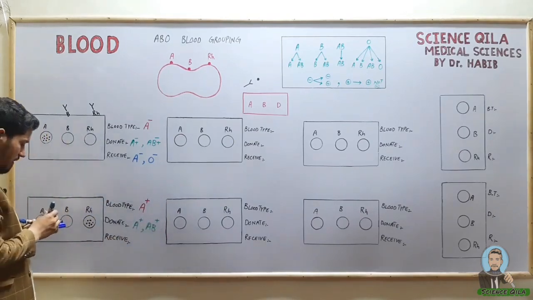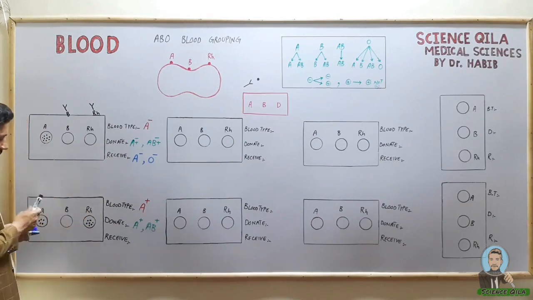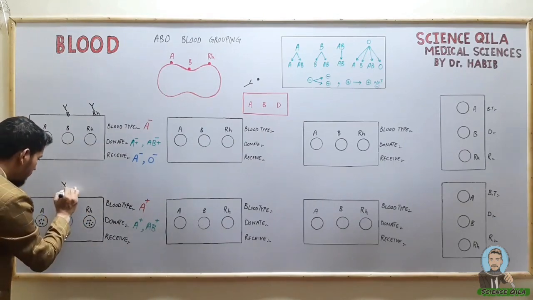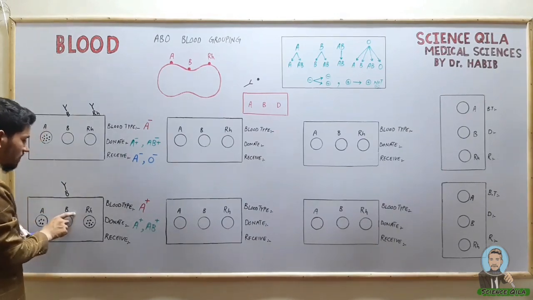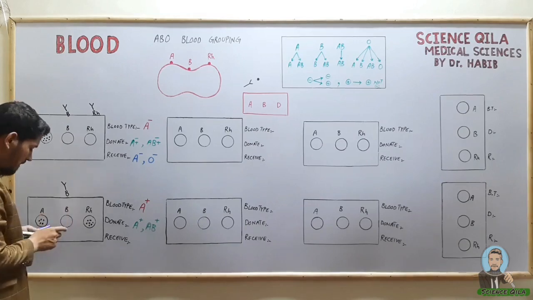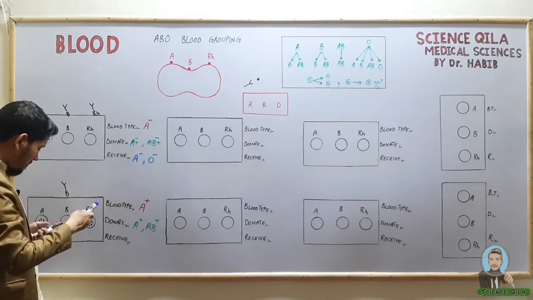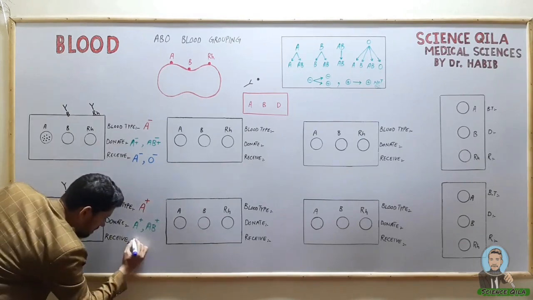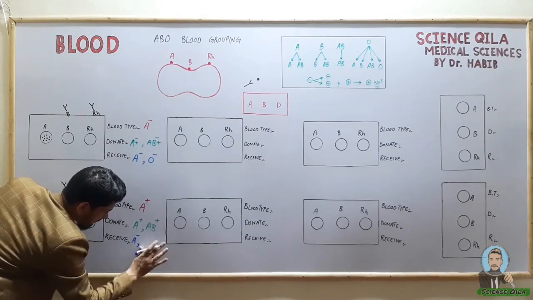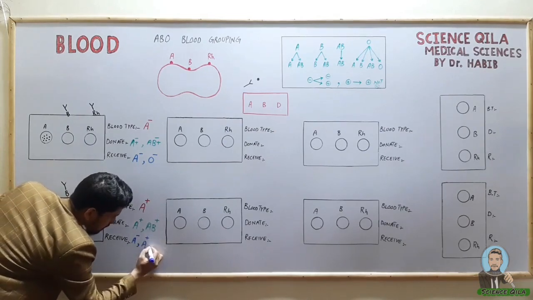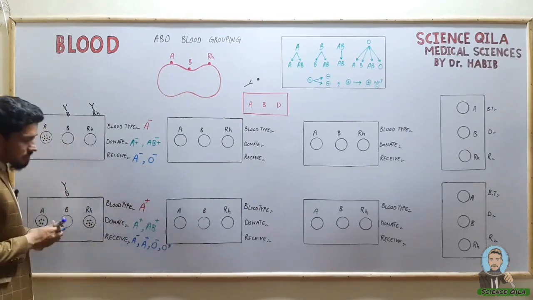Okay, receive. According to Landsteiner's law, this person will develop antibodies against B. So it cannot receive blood from blood type B. It can receive blood from A negative and A positive, O negative and O positive.